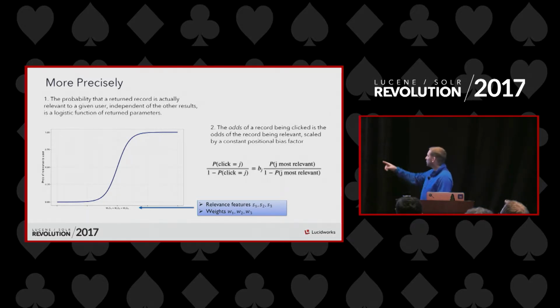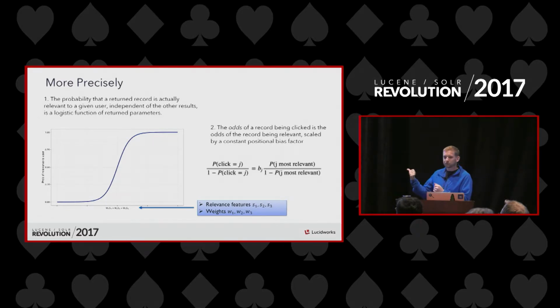You can see here, I've got 3 relevance features, S1, S2, and S3, and 3 weights, W1, W2, and W3. Really this just says that the higher that linear sum of the W's and the S's is, the higher the probability that the document is relevant.